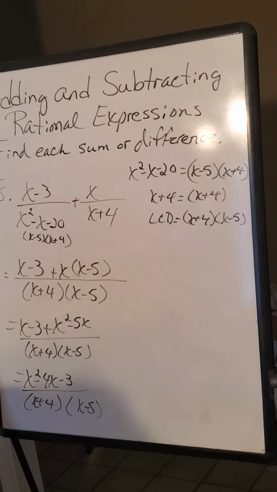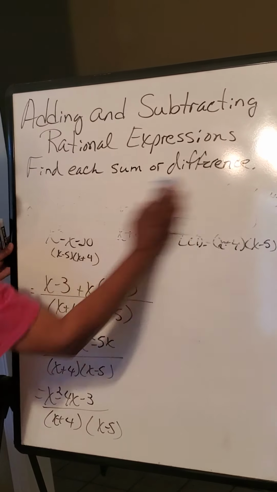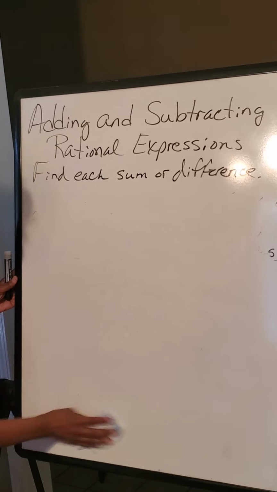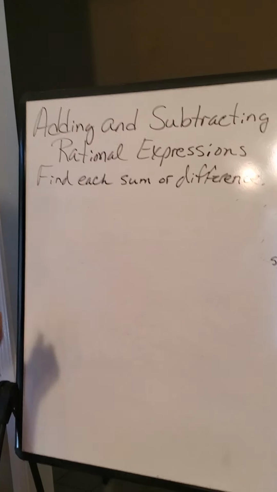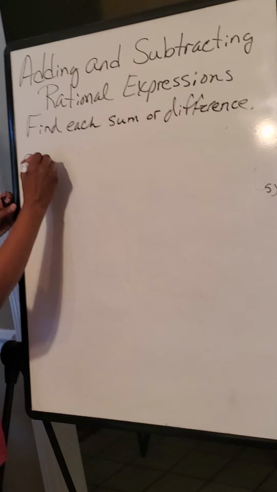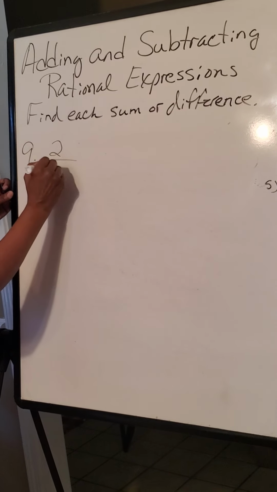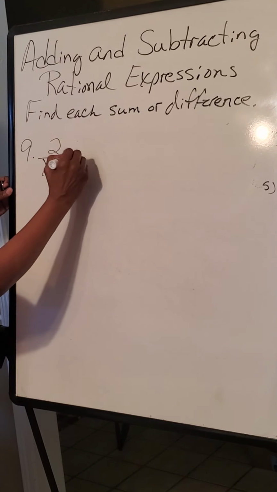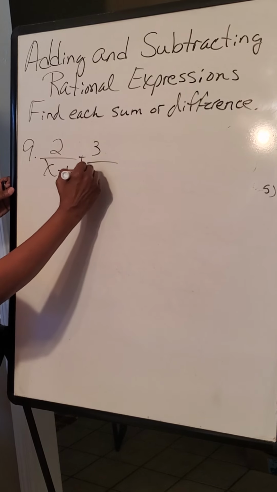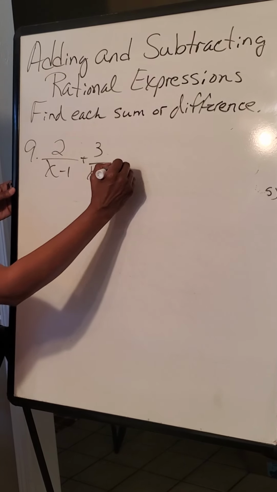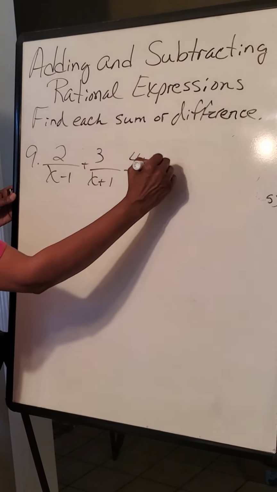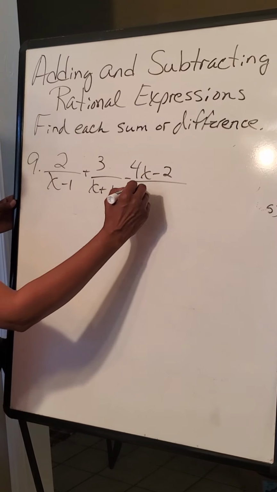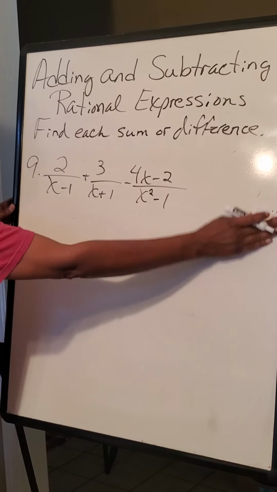One last example. Example 9. If I had 2 over x minus 1 plus 3 over x plus 1 minus 4x minus 2 over x squared minus 1.